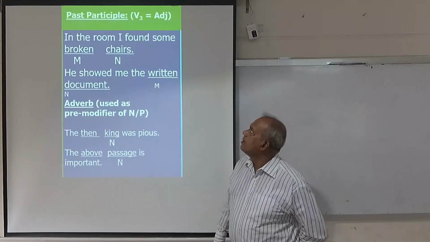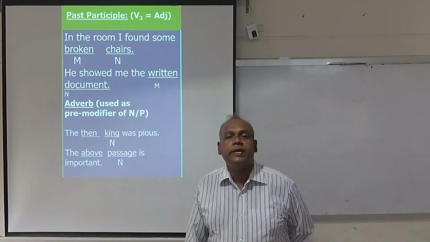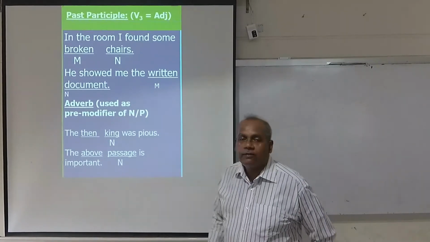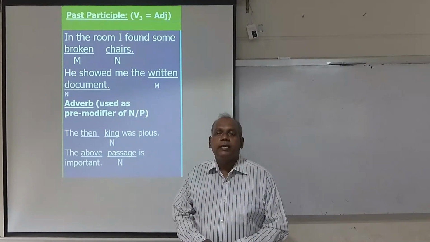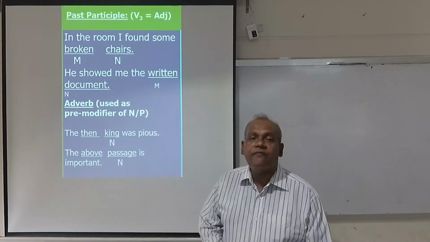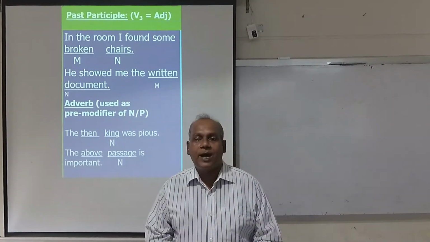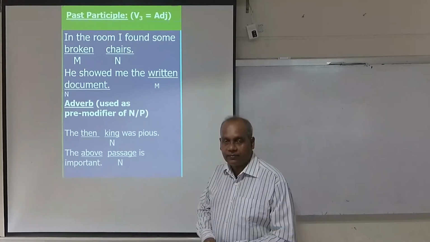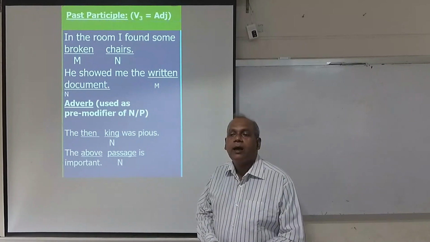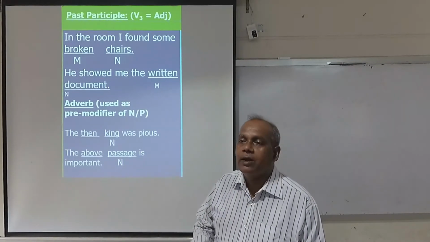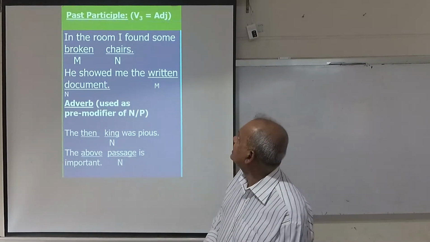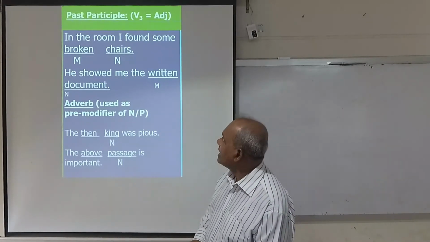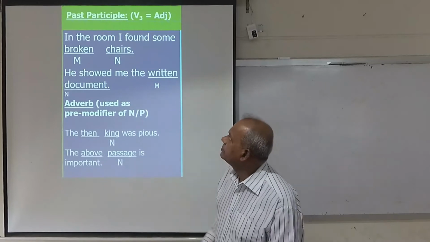Next item, past participle. It is very important. Past participle, very simply we can say, is the third form of verb, that means the past participle form of verb. If the past participle form of verb is used as adjective in the sentence, that will be called past participle.